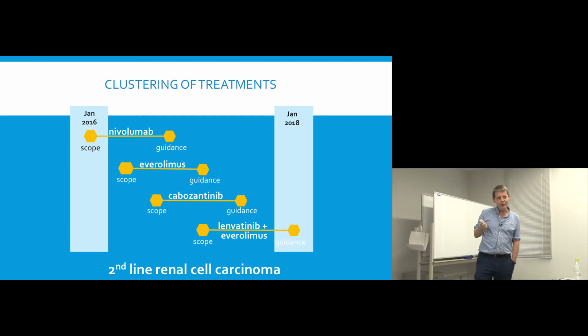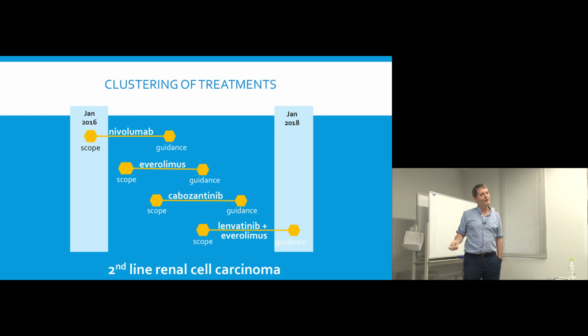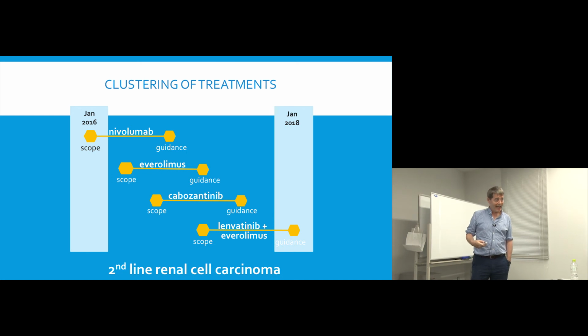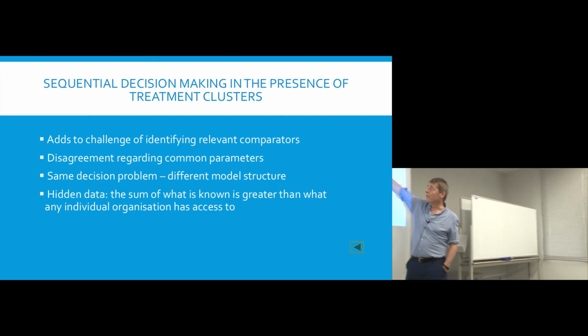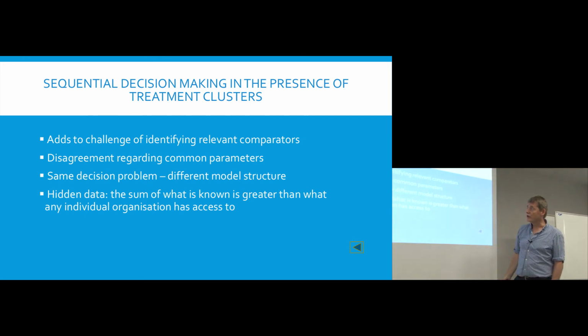Now, you'd rather want them to make similar assumptions so you can get a more consistent comparison. But of course, the case is being made by different manufacturers. And manufacturers tend to make the case as strong as it can be for their own product. So there is frequently quite a lot of disagreement about these common shared comparators.